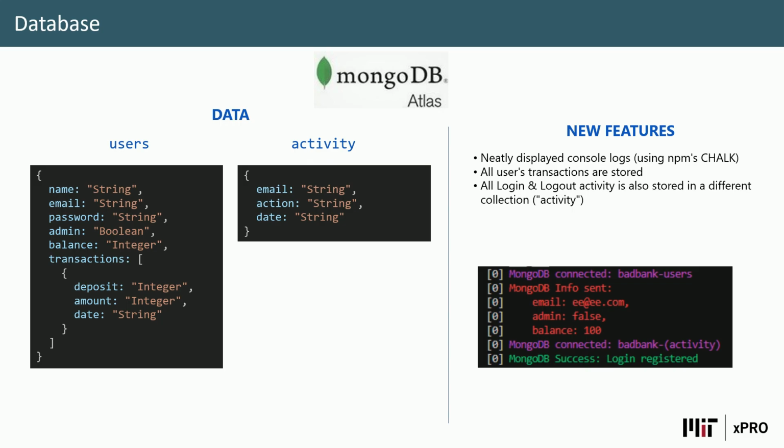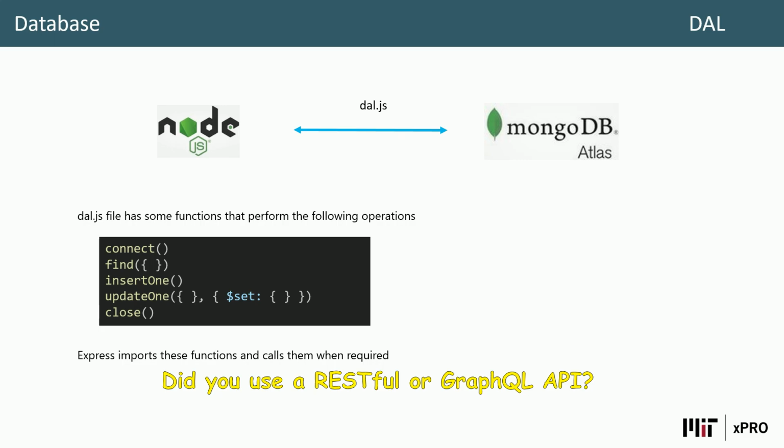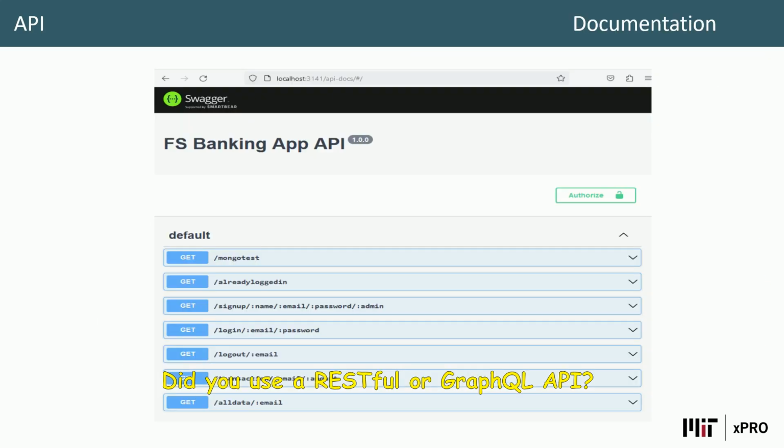Next question is, did I use a RESTful or GraphQL API? Yes, I did use Swagger, but just briefly because I found it to be easier to just document things by hand.